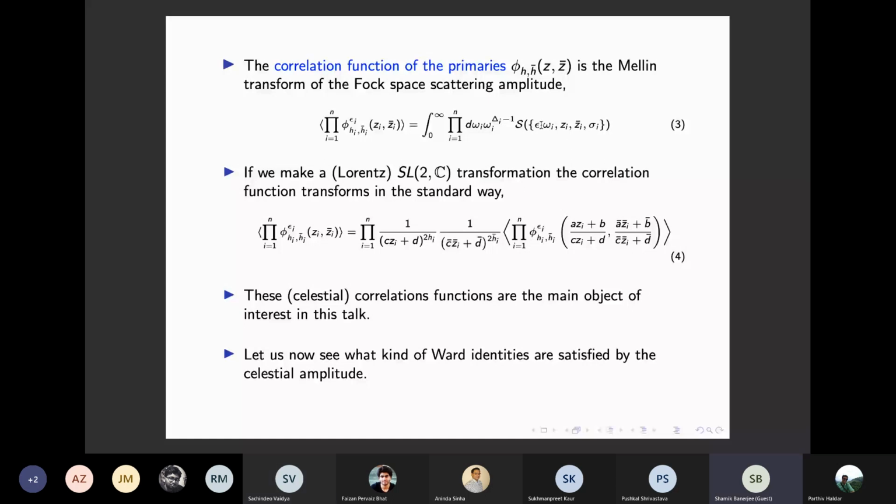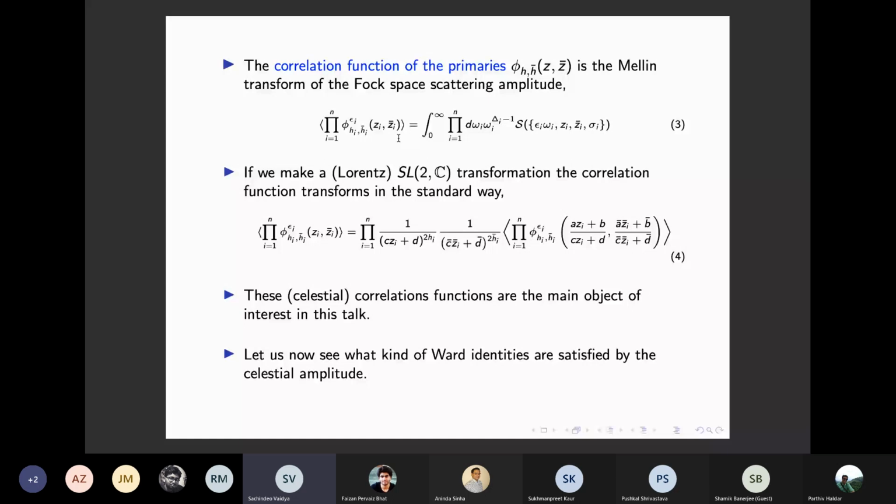Suppose you take a particular S matrix for which these p's are all real, and then you write them in terms of z, z bar and omega, and you do this integral transformation, so you get the left hand side, and now you basically analytically continue that as a function of z and z bar.